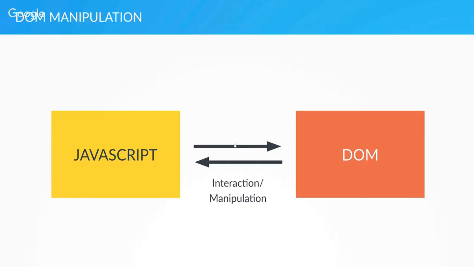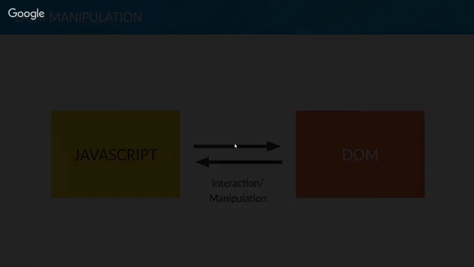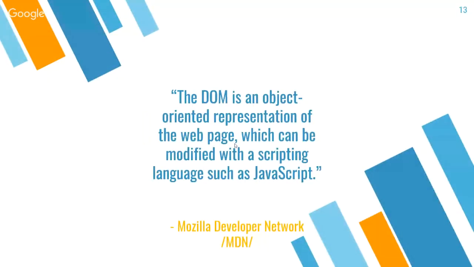So with that in mind, let's check out the final definition. The DOM is an object-oriented representation of the web page, which can be modified with a scripting language such as JavaScript. This is again taken from the Mozilla Developer Network, so you can understand that this is true.